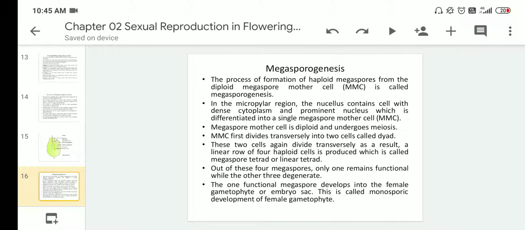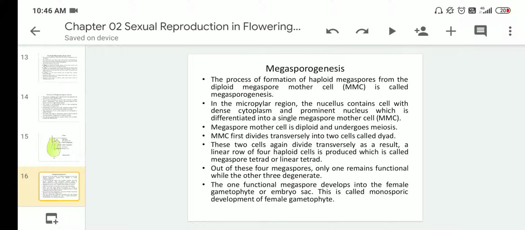Now, we come to megasporogenesis. The process of formation of haploid megaspore from the diploid megaspore mother cell, MMC, is called megasporogenesis. There we have seen PMC, pollen mother cell, and here it is the megaspore mother cell.